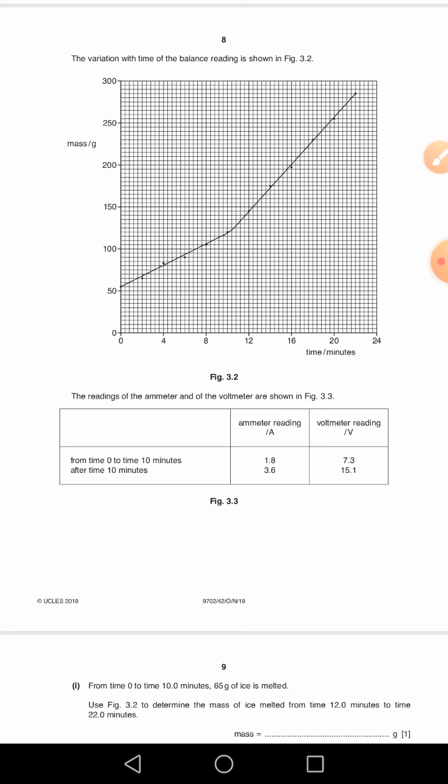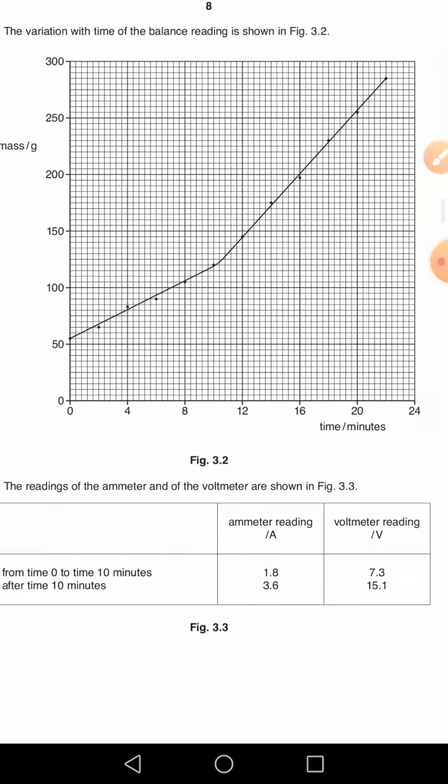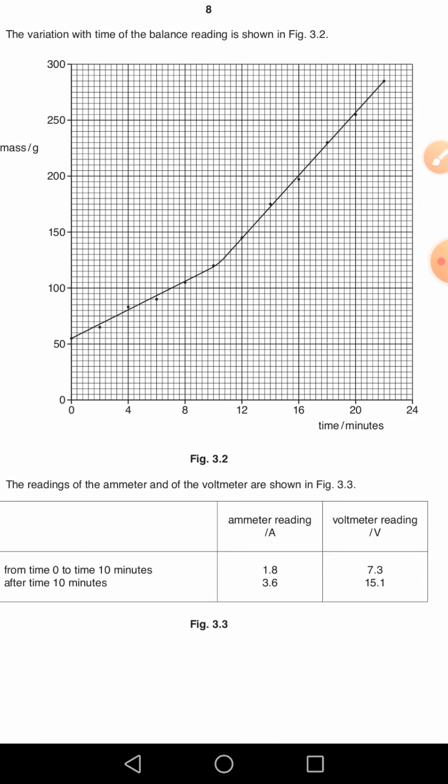The readings of the ammeter and the voltmeter are shown. From 0 to 10 minutes the ammeter reading was 1.8 and the voltmeter reading was 7.3, and after 10 minutes the ammeter reading was 3.8 and the voltmeter reading was 15.1. Okay, and this is the graph that they were talking about.